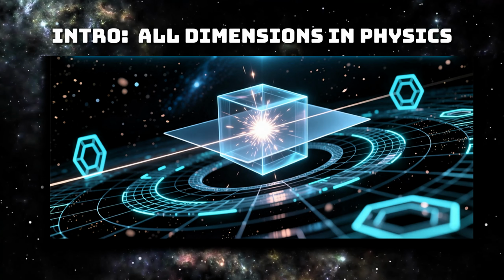Surprisingly, the concept of the first dimension appears even in the structure of life itself. A DNA strand, although physically three-dimensional, behaves mathematically like a one-dimensional sequence of coded information. Each base, A, T, C, or G, exists at a specific position along the length of the molecule.